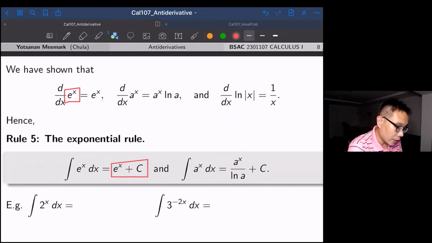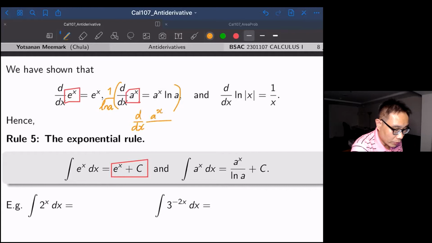And when you differentiate a to the x, you get a to the x log a. So in order to obtain the antiderivative, you see that log a is a constant, and you just divide by log a. So the derivative of a to the x over log a equals a to the x.